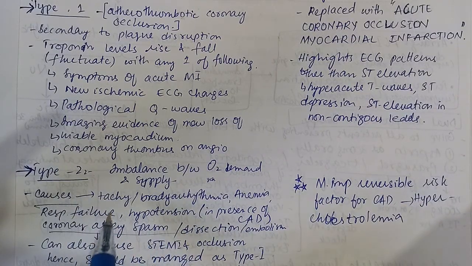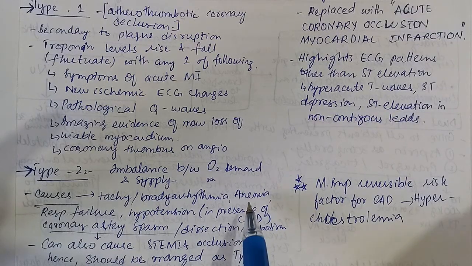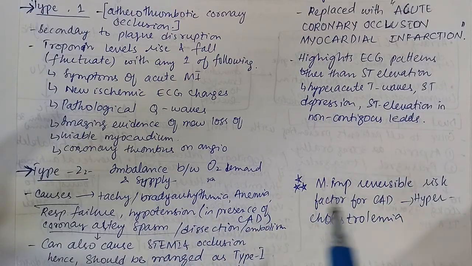Causes can be tachyarrhythmia, bradyarrhythmia, where the heart is not getting enough time to get its blood supply due to the increased heart rate, anemia, where the muscles of the heart are not getting enough oxygen, respiratory failure, hypotension, and in the presence of coronary artery disease, coronary artery spasm, dissection, or embolism.